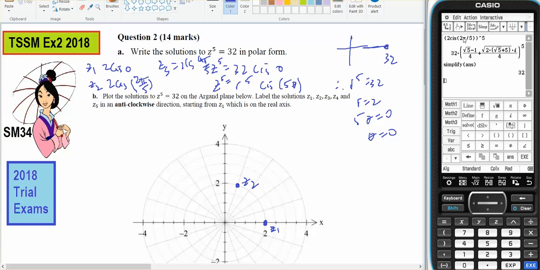So if I make that 4, I also get 32. So 4 pi on 5 is going to be there. That's Z3.